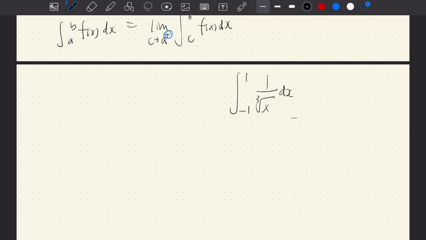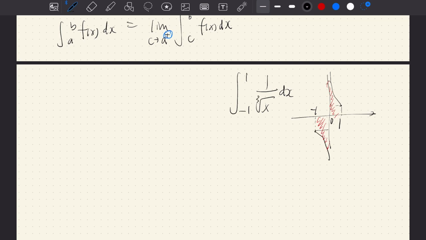Okay, so now the graph should look something like this. So basically we actually want to evaluate these. This is the case where you're evaluating the integral from -1 to 1, but within -1 to 1, you have an infinite discontinuity at 0 for the integrand.